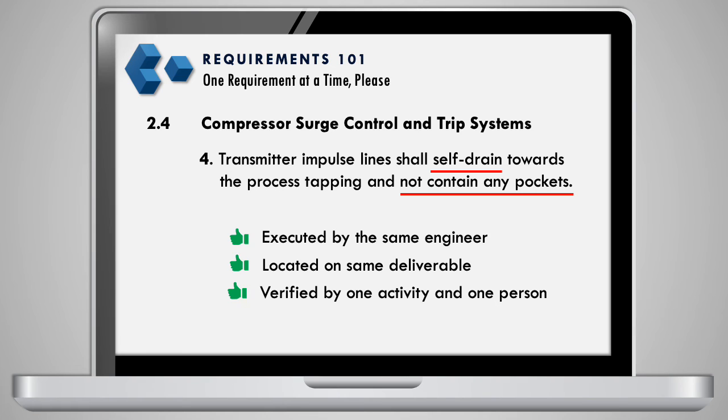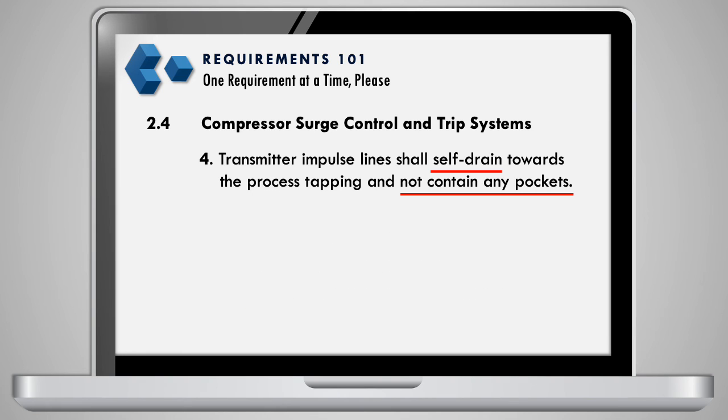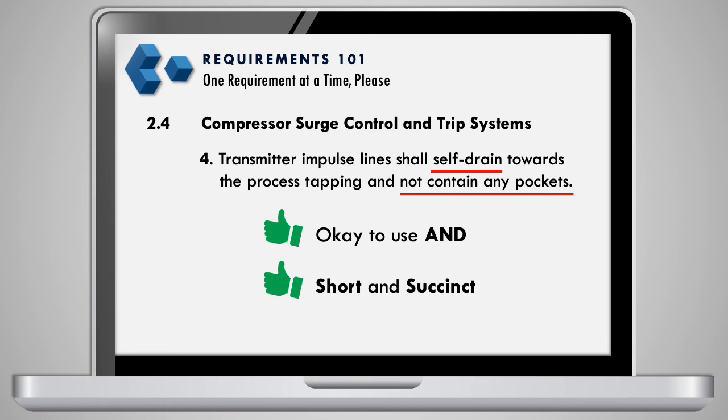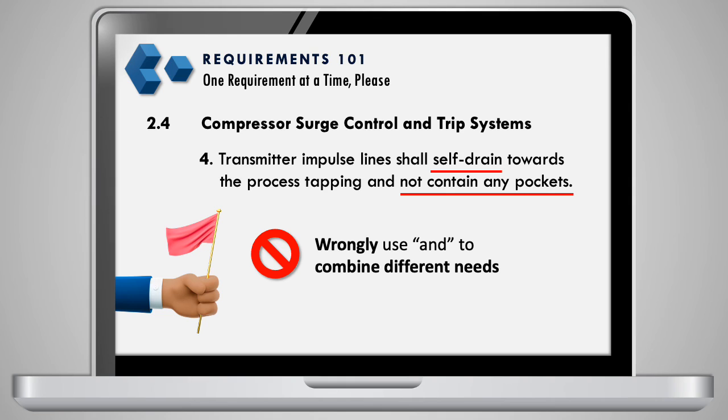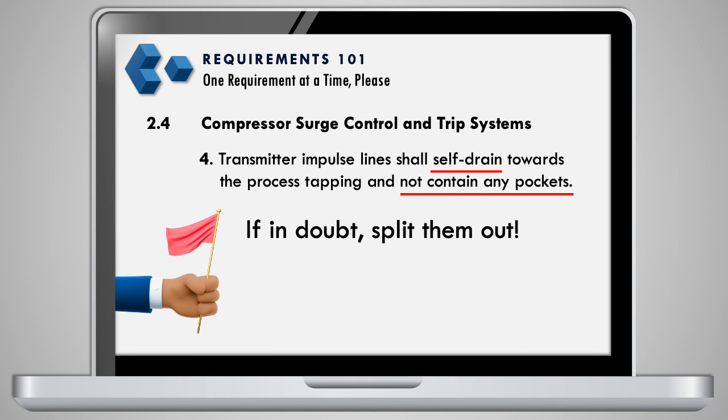In cases like these, it is acceptable to use the word "and" to combine these requirements into one statement. It is still short and easy to understand. However, you do need to watch out when wrongly using "and" to combine wildly different needs and requirements. Use your engineering judgment and, if in doubt, split them out.